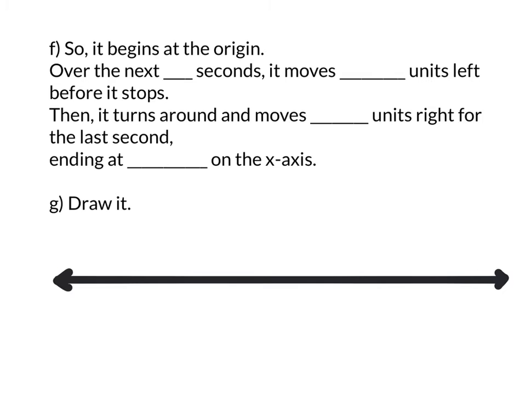So when we're thinking about what happens, this particle is going to start at the origin. So it's going to start here at 0. And then over the next 4 seconds, it's always going to be moving to the left. And we saw d(4) was negative 34.6 repeating, that is negative 34 and 2/3.